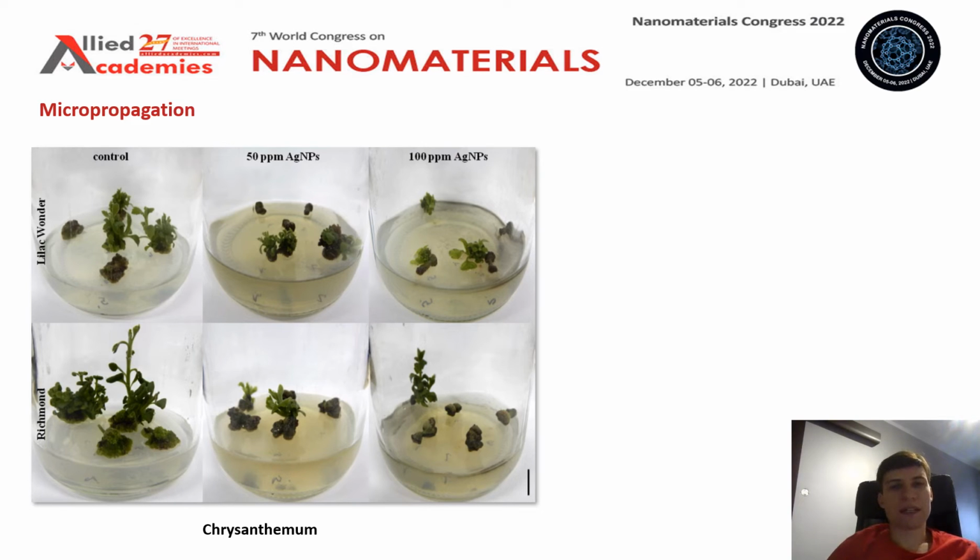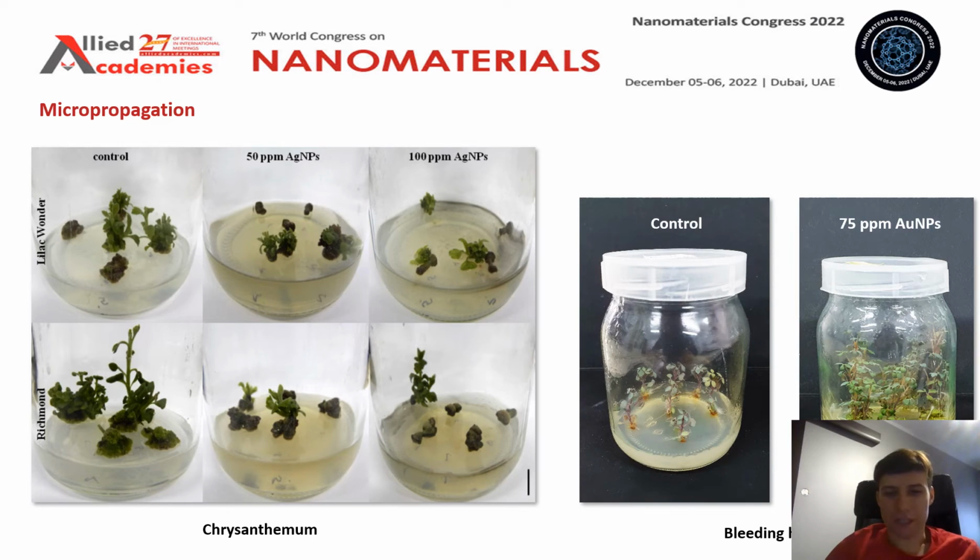However, you should keep in mind that the final effect of plant tissue culture depends a lot on the genotype, on the species, sometimes even on the cultivar of the plants, and also, of course, on the type of nanomaterials used. And on the other hand, with bleeding heart, we have also studied the effect of nanoparticles on the efficiency of plant development, but this time we used gold nanoparticles.